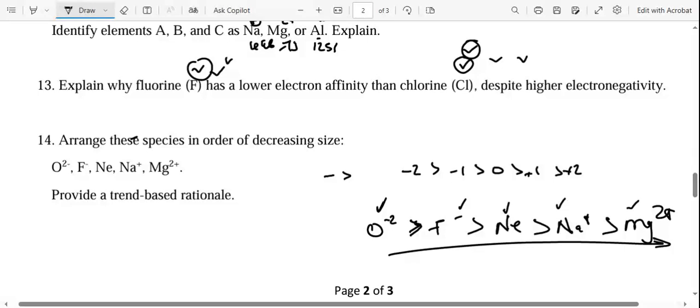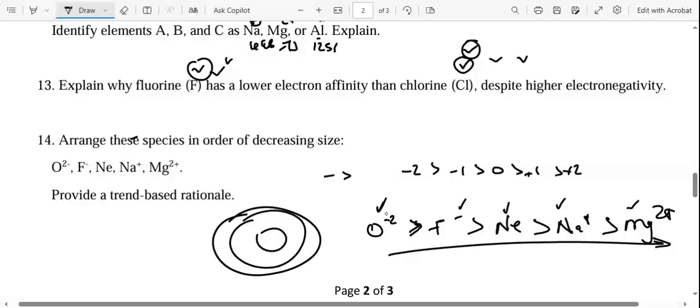So provide a trend-based rationale: as the charge reduces, the size increases, because you are adding more electrons. The size increases because you are gaining more electrons than giving. When you give, you are removing shells. That's the trend.